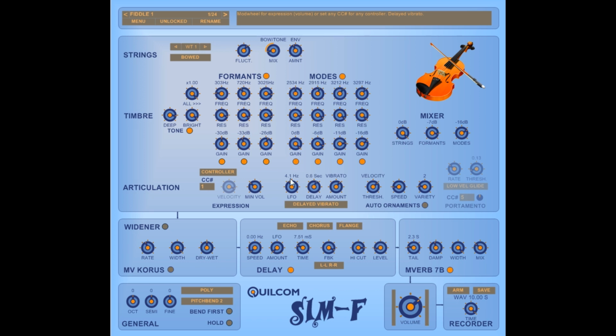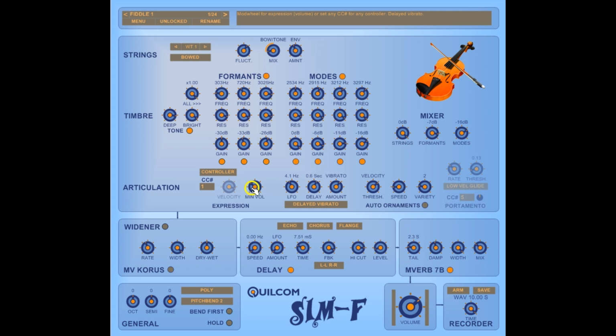Now a violin, especially when played in a classical style, is a very expressive instrument, and expression is probably one of the more important aspects. So here, if you want to use a controller, I've set CC number 1 there for the mod wheel.